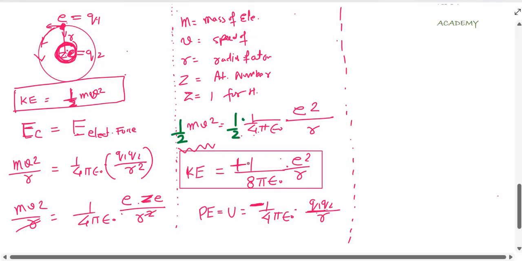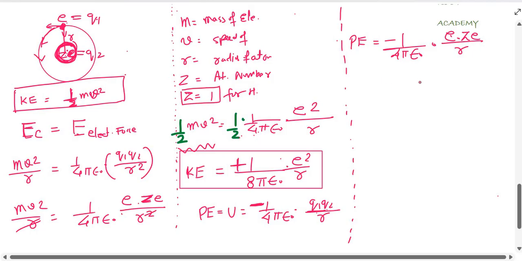Kinetic energy is always positive. So what will be the potential energy? If I simplify it, it will be minus 1 upon 4 pi epsilon naught, q1 is E into ZE by r. And what is Z here? We are taking Z as 1 only.